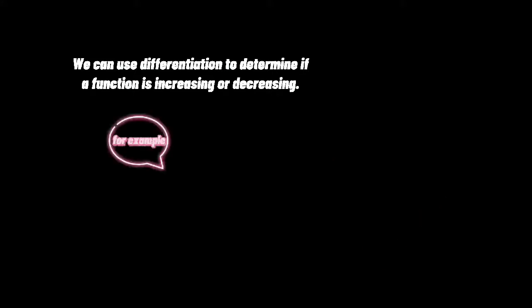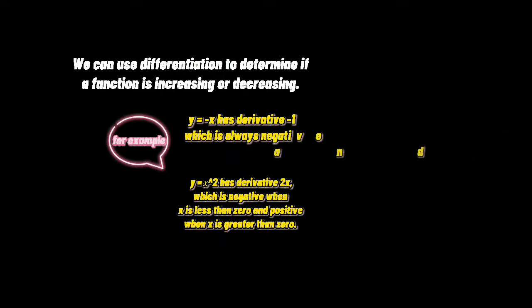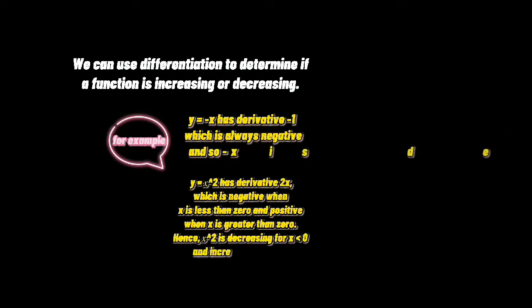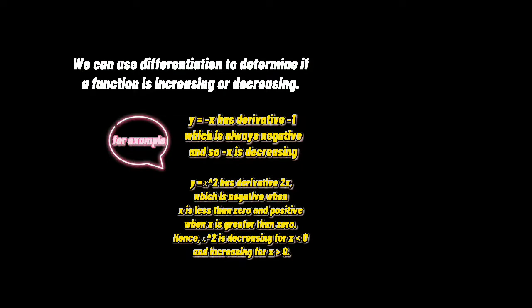Of course, a function may be increasing in some places and decreasing in others. So a point where a function changes from increasing to decreasing, we call it a turning point. A turning point is a type of stationary point. For example, y equal to negative x has derivative negative 1, which is always negative, and so negative x is decreasing.